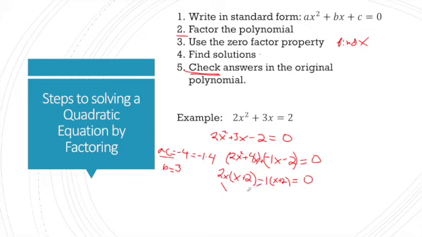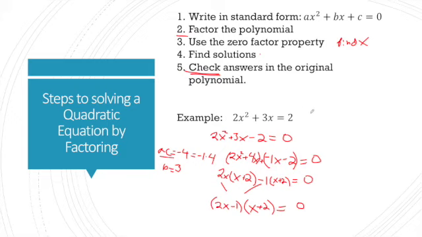So that gives me a fully factored version of 2x minus 1 times x plus 2 equals 0. Now I can use the zero factor property to solve for x.